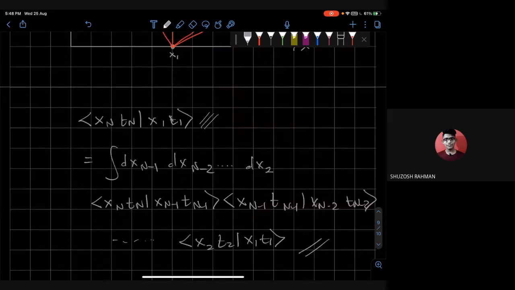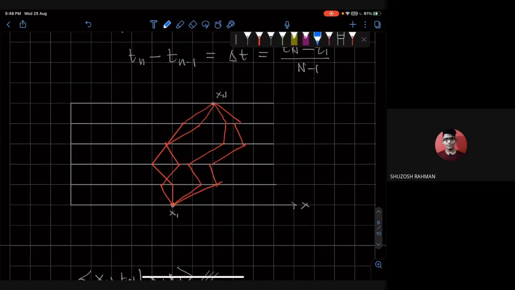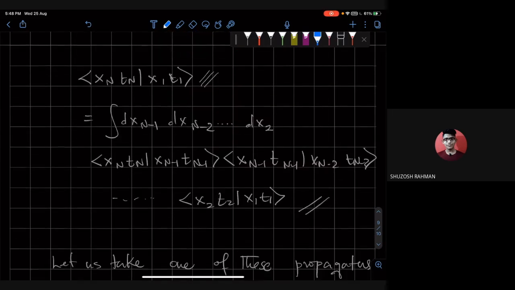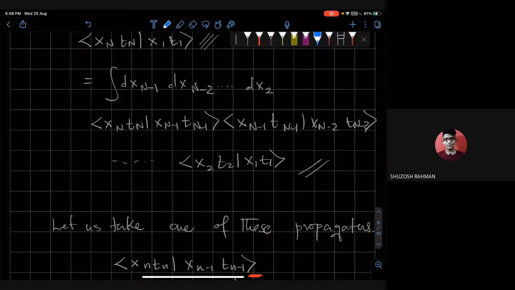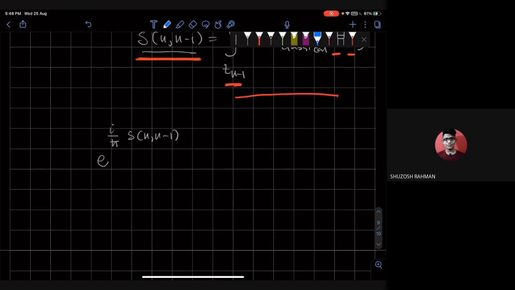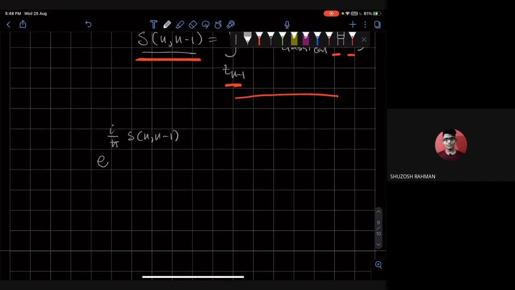Now for that particular path, let's color it a different color, we can evaluate all the exponentials of the action. And because each of these things multiply each other, we have to multiply all these different exponentials of the actions.